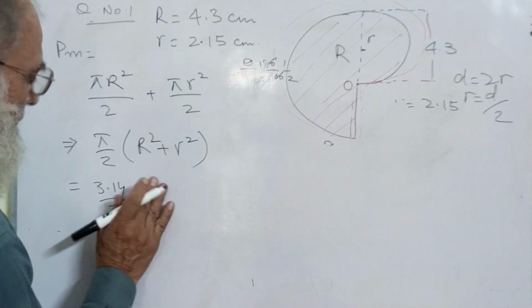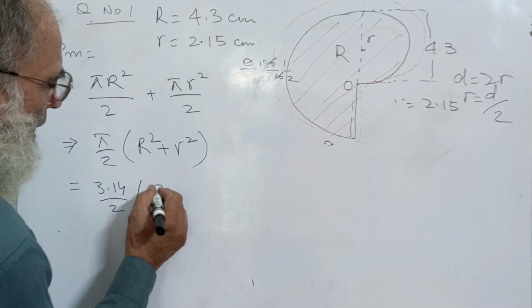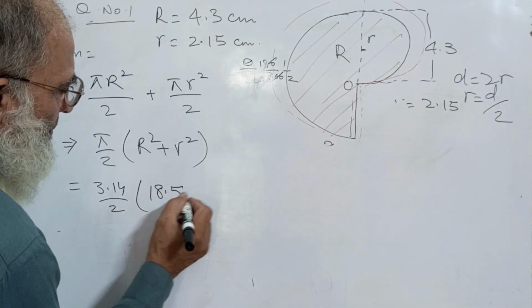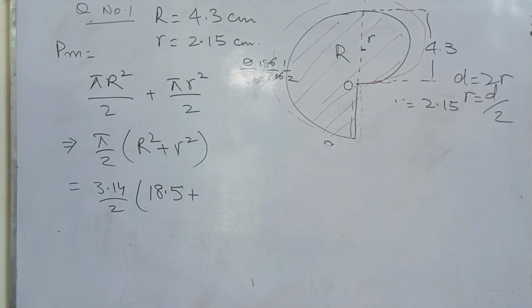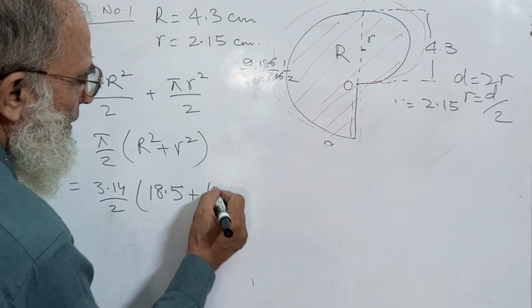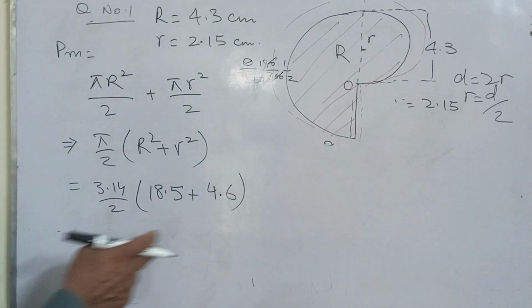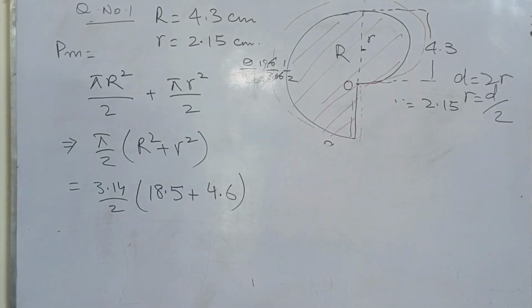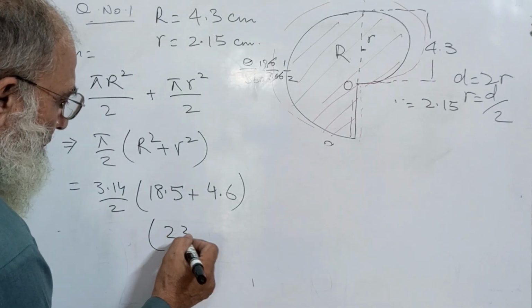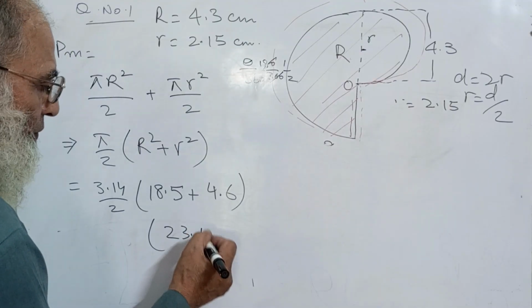This is 18.5 plus 2.15, 4.6, 4.6. Okay, so this will become 18.5 plus 4.6 squared is equal to 23.12.